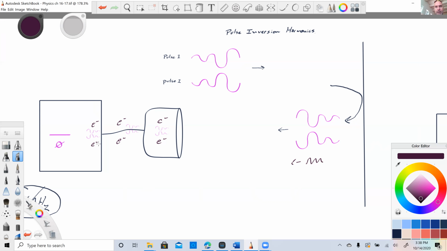And we know that when a trough and a peak line up well, it goes from two waves that are perfectly out of alignment, so that they destructively interfere, and you have basically nothing.